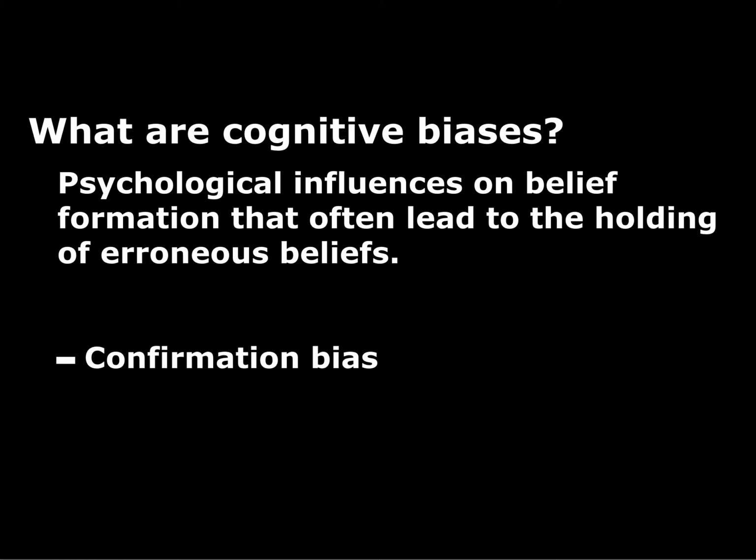And so some ways this manifests is you're more likely to seek out pieces of information that confirm the beliefs that you already have and that you like. You'll be much less likely to seek out disconfirming information or information that's inconsistent with those beliefs. You're more likely to remember things that confirm your beliefs and to forget anything that's inconsistent with your beliefs.